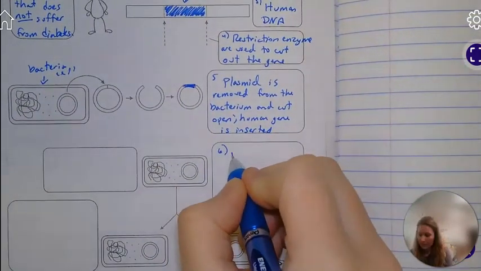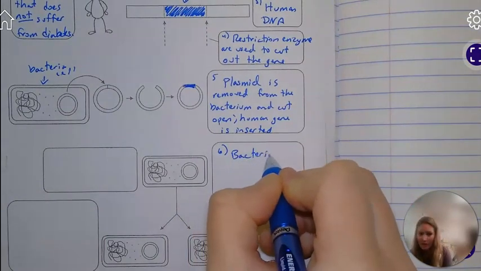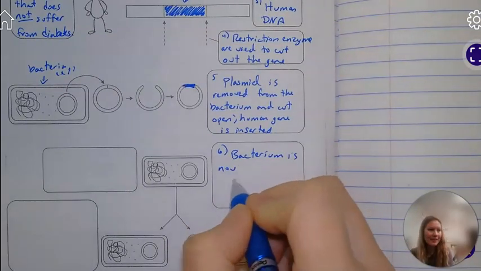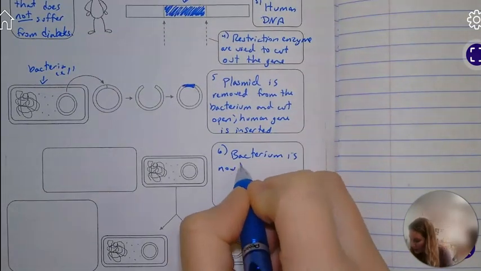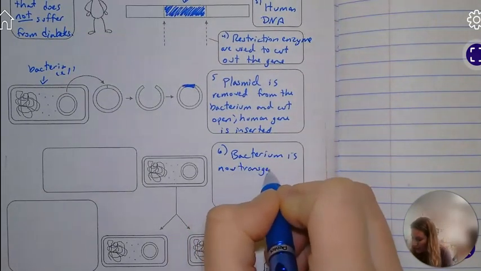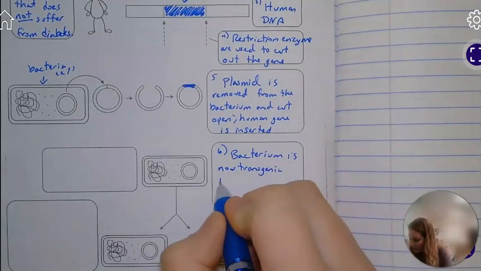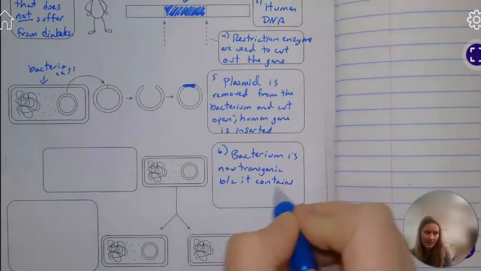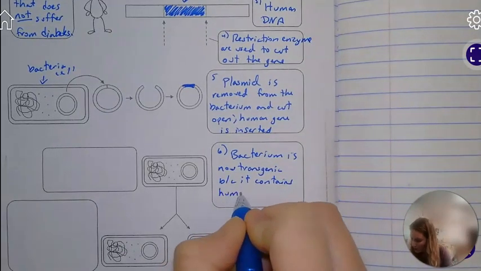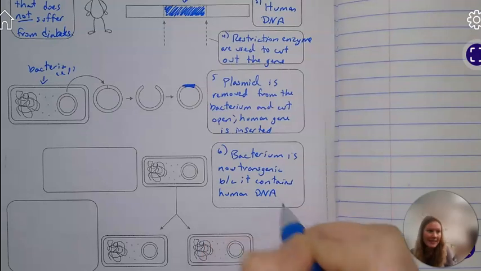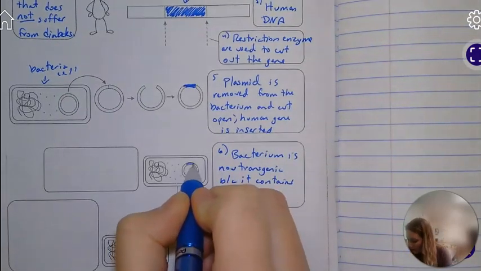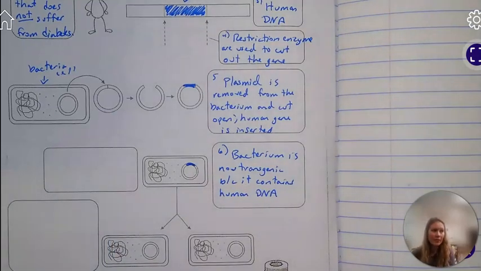So now the bacterium is transgenic because it contains human DNA. Because here's our human gene for insulin.